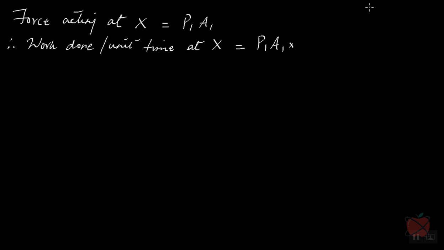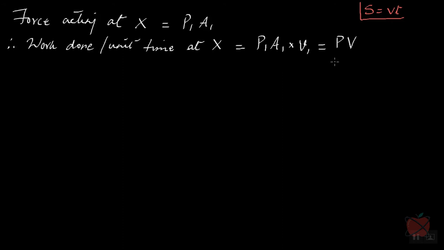Displacement S, this will be speed into time, right? Yes. So instead of S, we will write V1 into time, but time is a unit time, so time here is 1. Is that clear or not? And this is equal to what? Let's leave it okay, A1 into V1, and this is equal to P into volume.